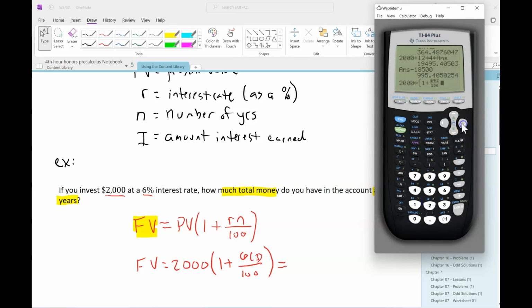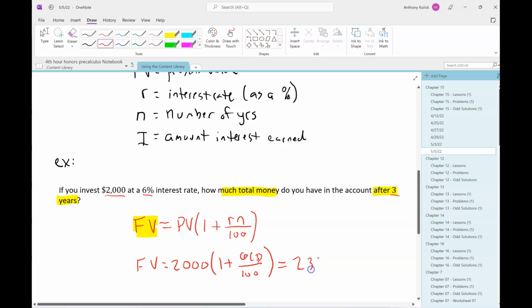You don't really need to use the fraction command, but I'm going to do it anyways. So I get $2,360. How much money did I then earn in interest? 360 bucks. Everybody cool with that? Okay.